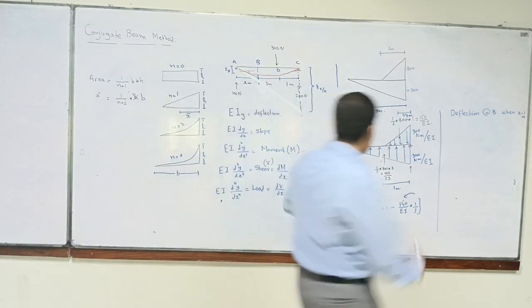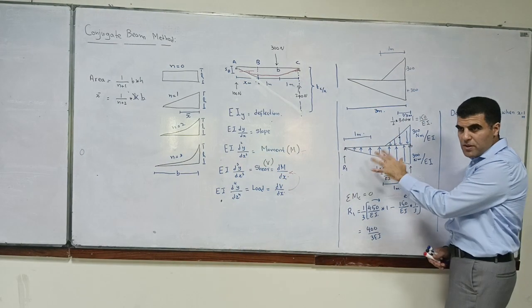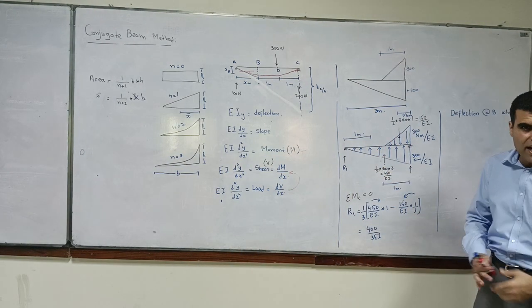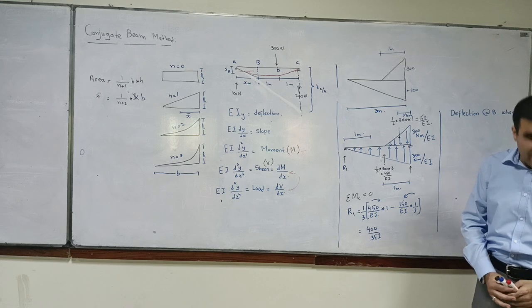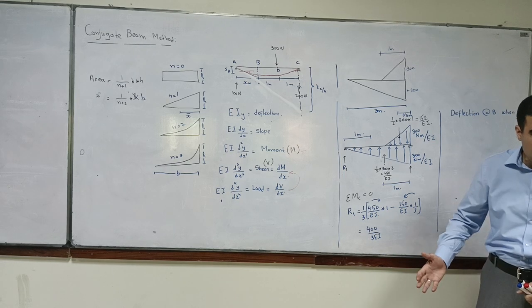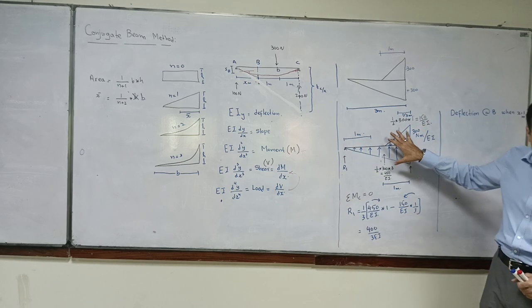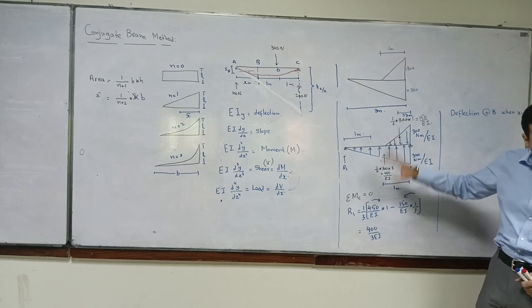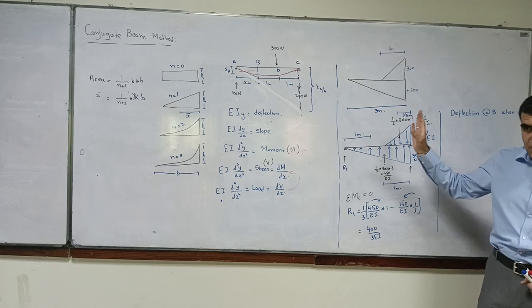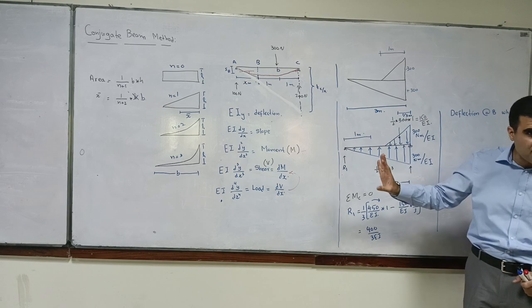Just forget about everything. This is now the beam, okay? And you are asked to find out deflection, for example, using the conjugate beam method. You take the bending moment diagram, place it on the beam, and then forget about your shears and your deflections and slope.